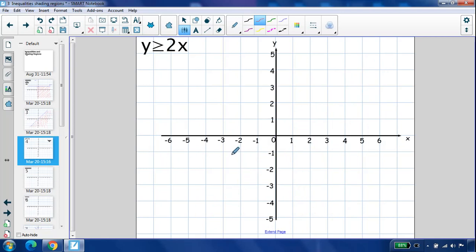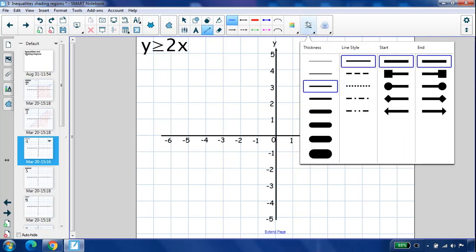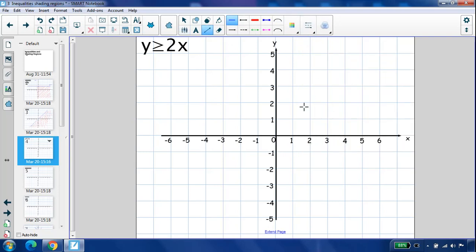I've got y is greater than or equal to 2x. I'm going to have a solid line, and this line is going to go through the origin, but it's got a gradient 2. So I'll start from the origin, and it's going to be something like that.